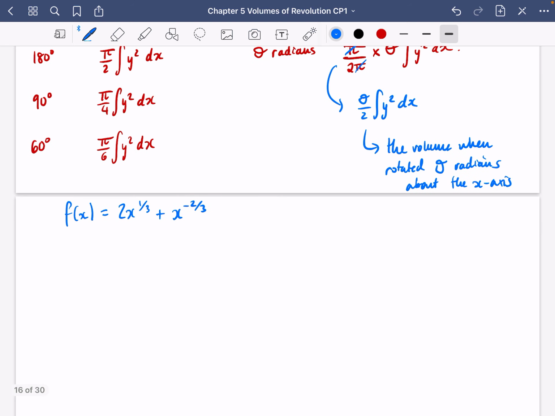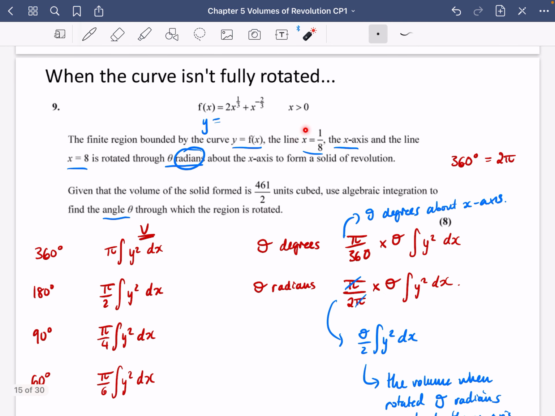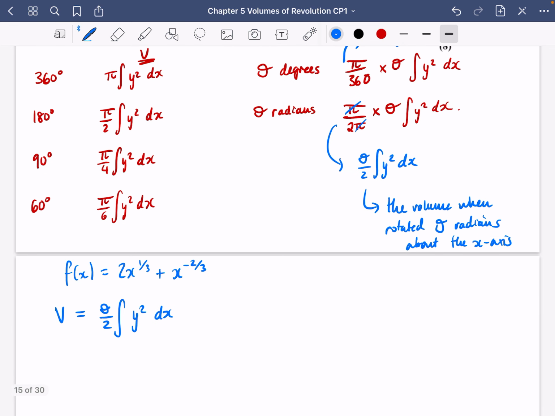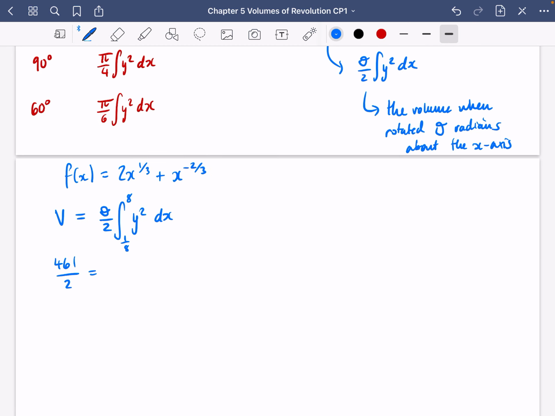And we know that the volume, when it's rotated theta radians, is going to be equal to theta over 2 y squared dx, and it said that it's between x equals 1/8 and x equals 8. And they've told us that the volume is 461 over 2.